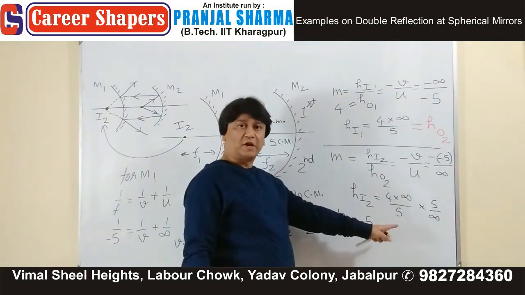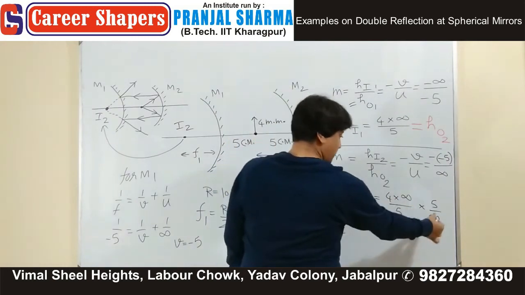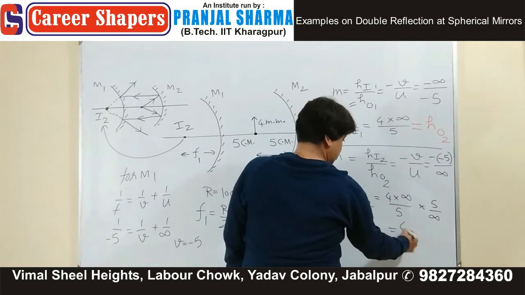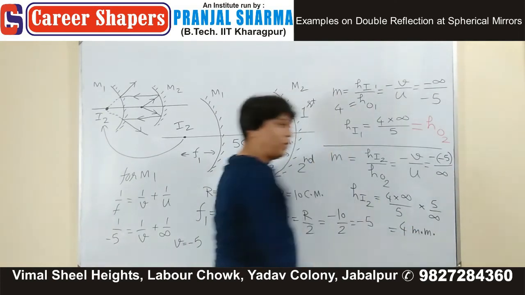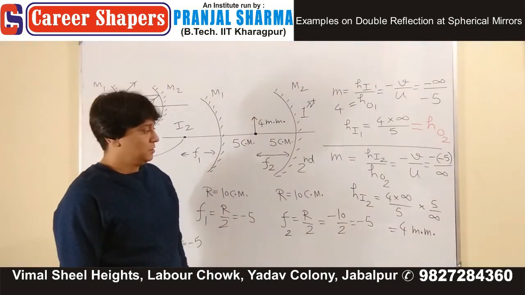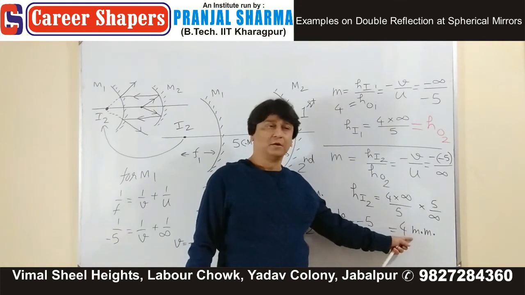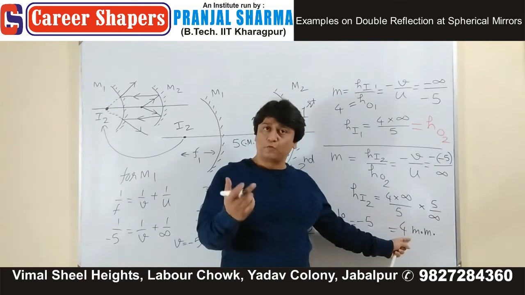This is the reason we continued with infinity. Infinity and infinity cancelled. 5 and 5 cancelled. Answer is coming what? 4 mm. So you have got same size object, 4 mm. Final image is also what? 4 mm.